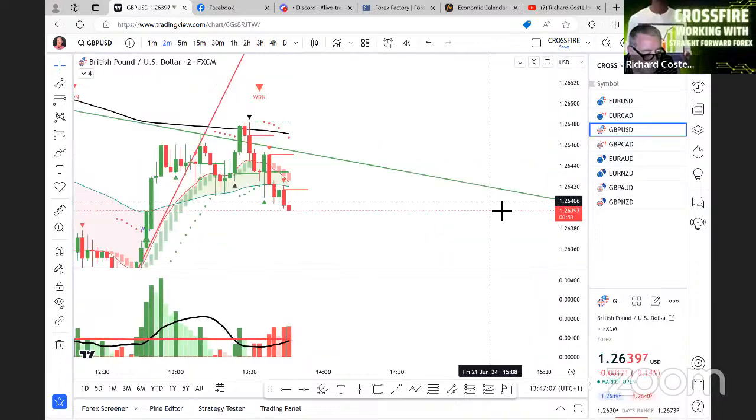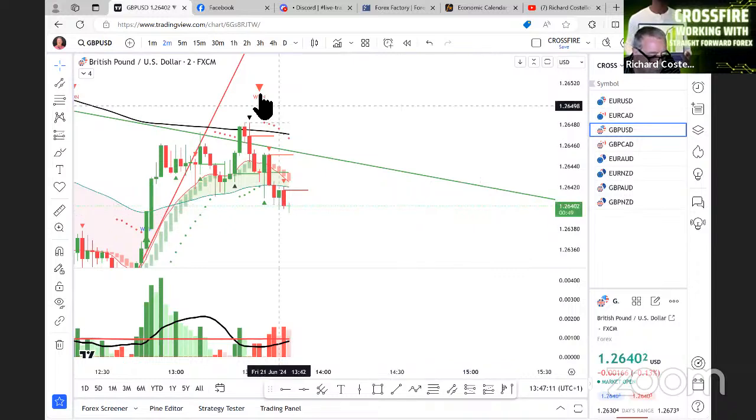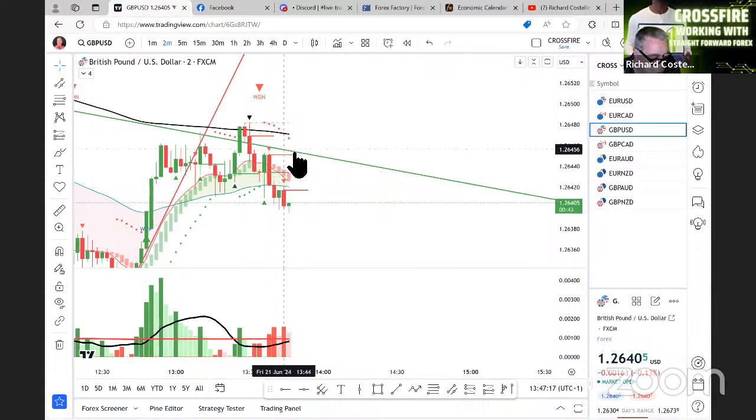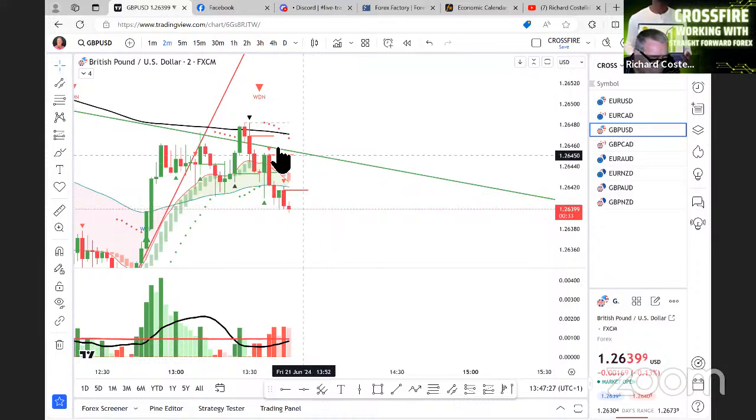So if we're going to get in for a sell because we're in a wave down, we are definitely below the red trend line and below the green and below the black line. So we're looking more likely to be in a sell on this pair. We've come down clear of the red and the green and the black.